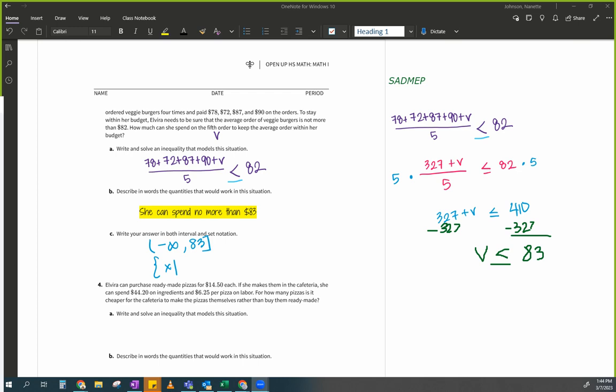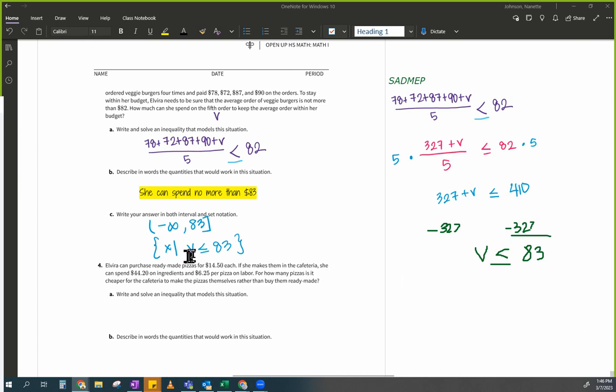What was our variable? Oh, it was V. Okay. Some of you are like, why? Some of you tell me why you don't like this answer. All right, let me hear it. Why don't you like this answer?